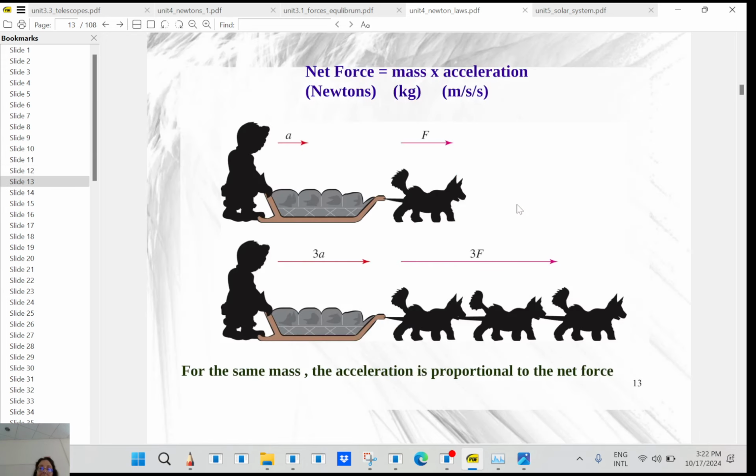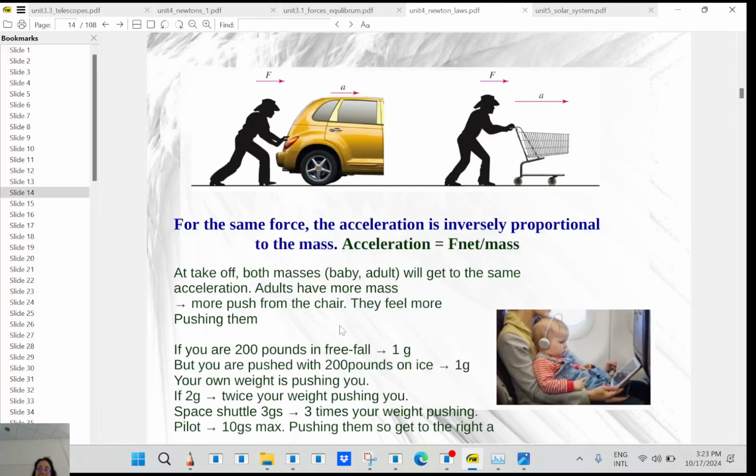And for the same mass, acceleration is proportional to the force. So 3 times the force, 3 times the acceleration. So acceleration is proportional to the net force, inversely proportional to the mass.